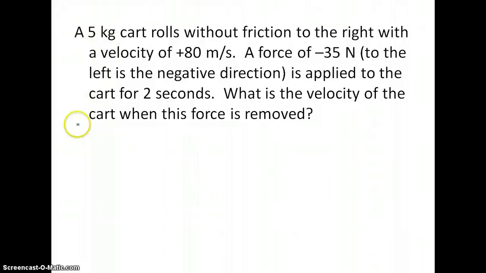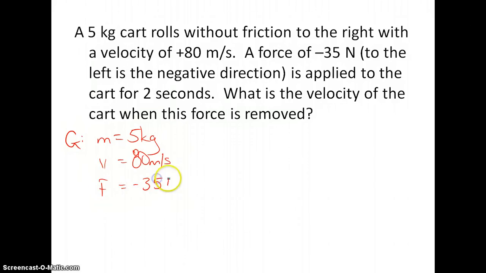So let's go through our GUESS method again. Our givens here: we know the mass is 5 kilograms. It has a velocity of 80 meters per second. It has a force of negative 35 newtons, and a time of 2 seconds.